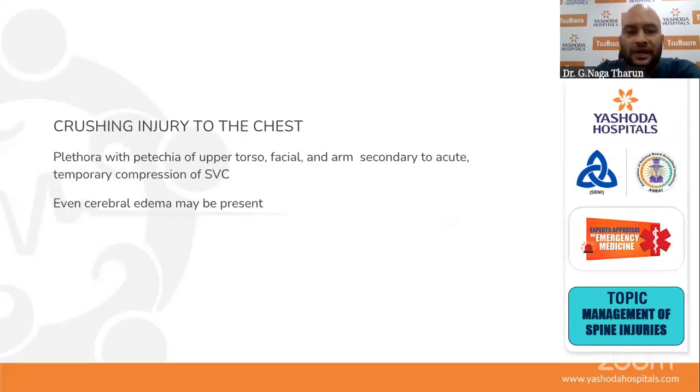Crush injuries to the chest: in this type of injury, plethora with petechiae of the face and arm is seen secondary to acute, temporary compression of the superior vena cava. Even cerebral edema may be present.